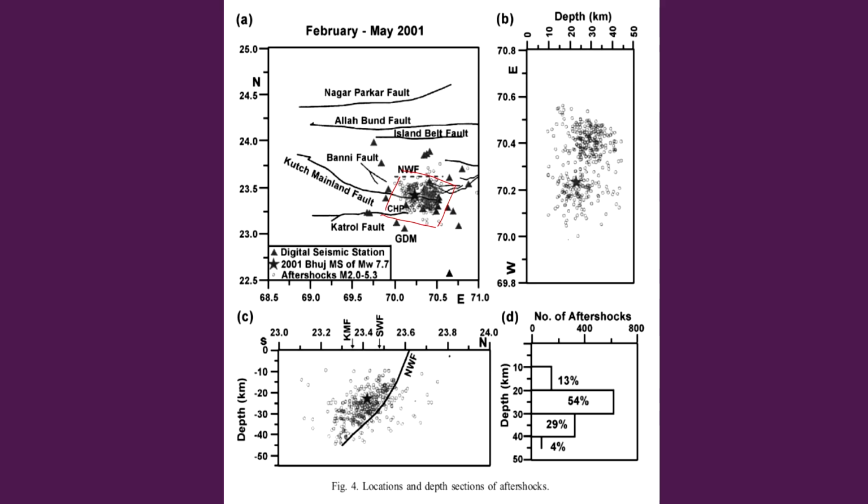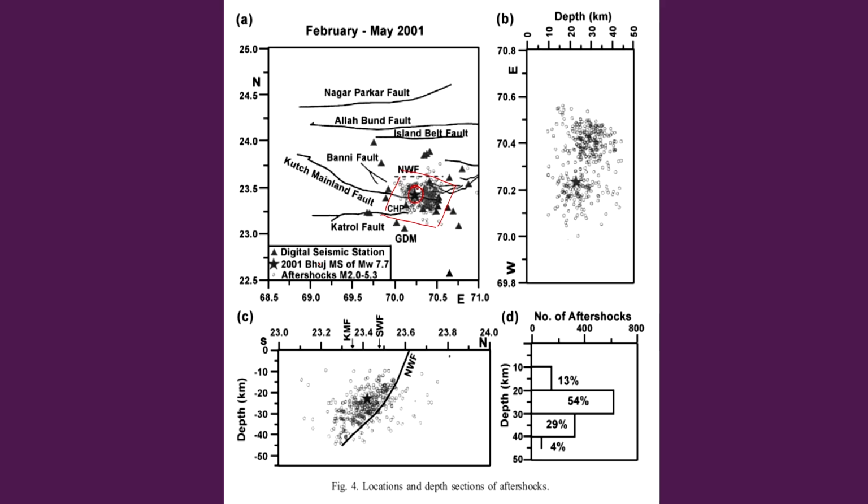These are some sections of the 2001 Bhuj earthquake, where the main shock, shown by the star here, has been plotted along with the hollow black dots indicating the occurrence of earthquakes.